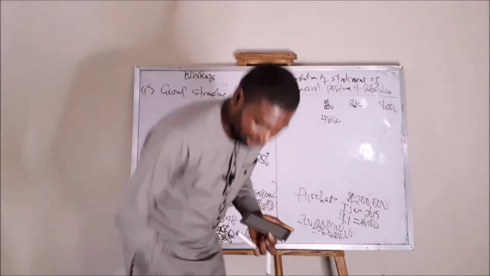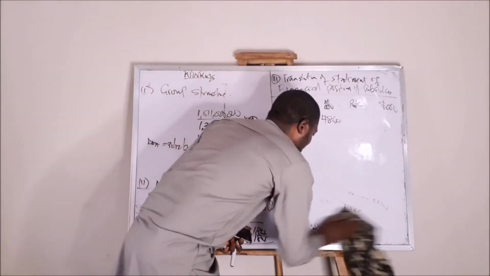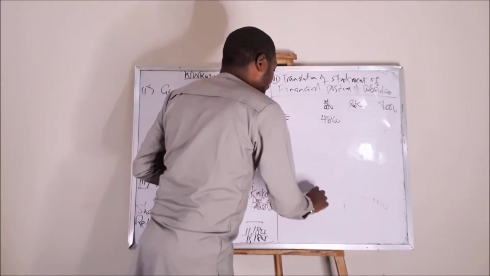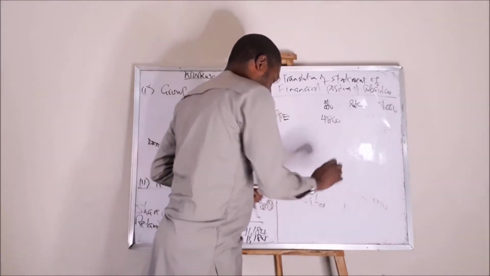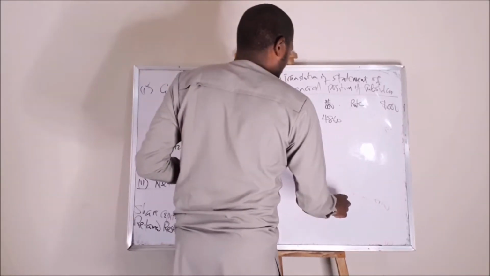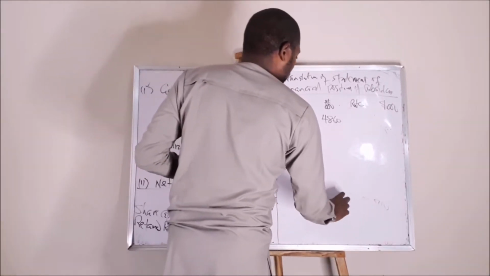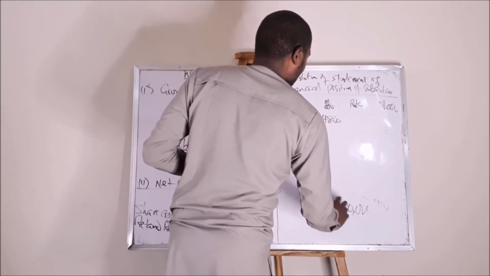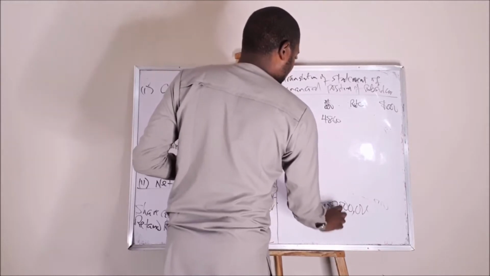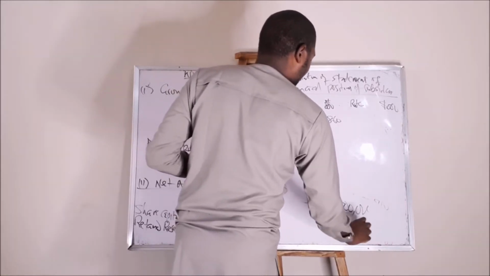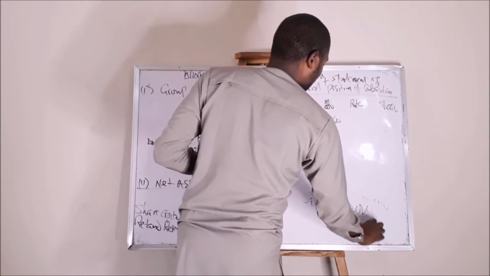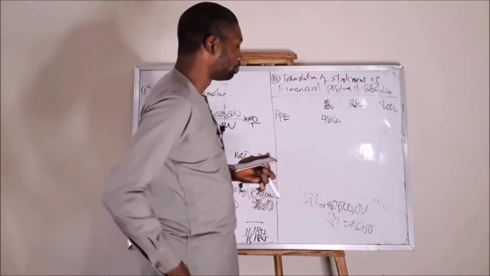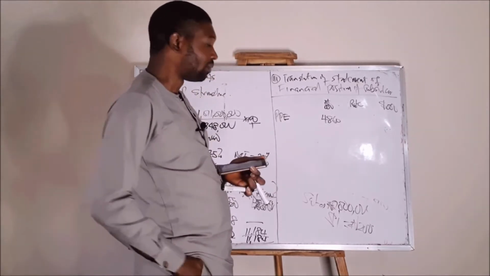And again, let me give another example. Let's assume I made a sale of 2 million naira, and as at that date, the exchange rate is 200 naira to $1. Let's assume I want to convert this 2 million into dollars.